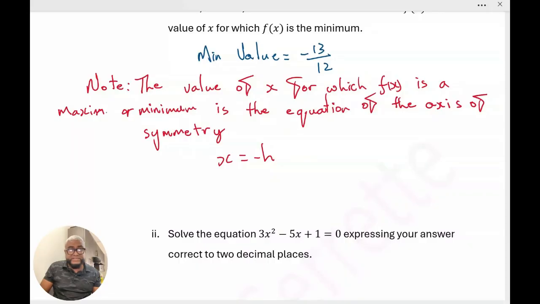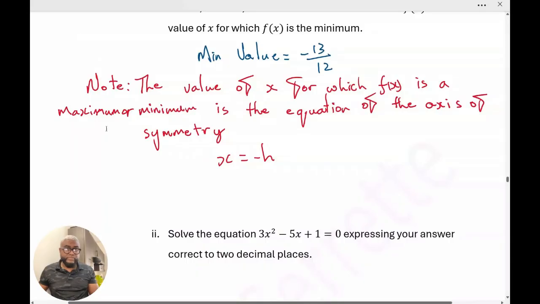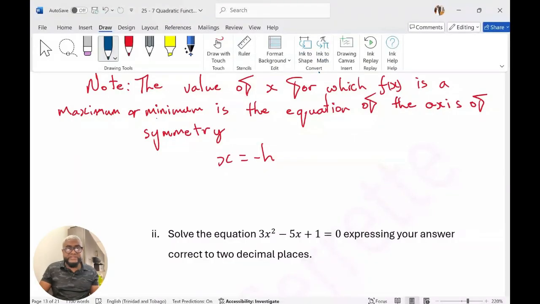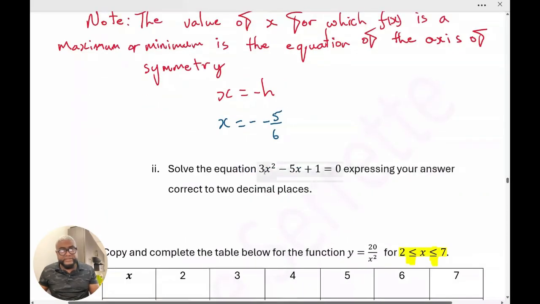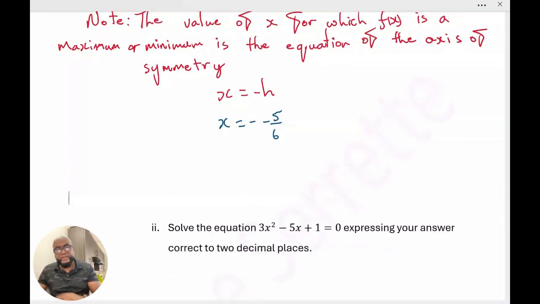Maximum or minimum, right? Right. So what is it to be? What's the value of x for which f of x is a minimum in this case? It'll be x is equal to negative of negative 5 over 6, which means x is equal to what? x is equal to positive 5 over 6. Everybody good here?